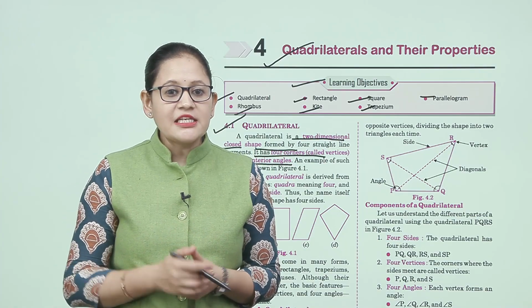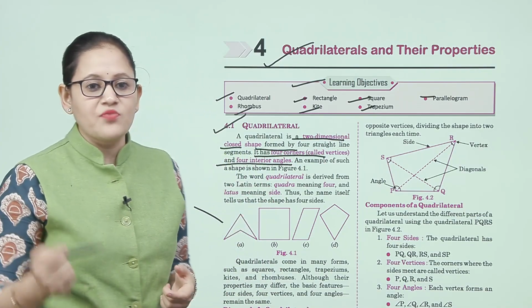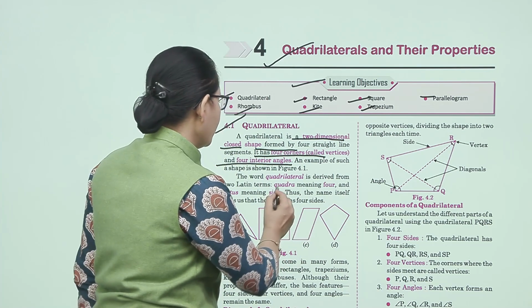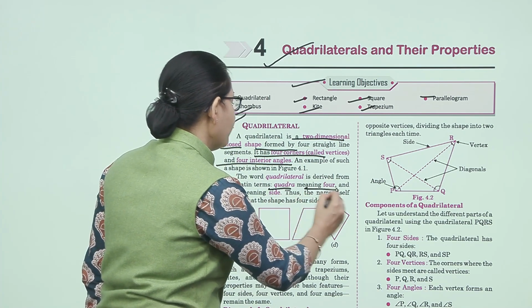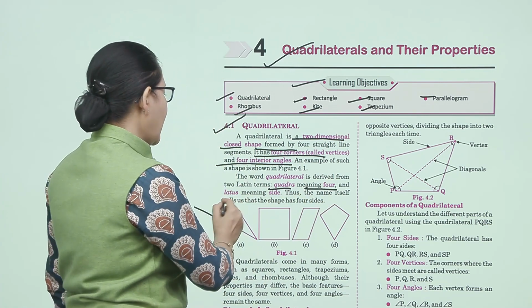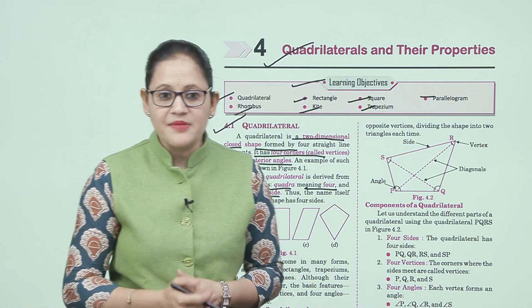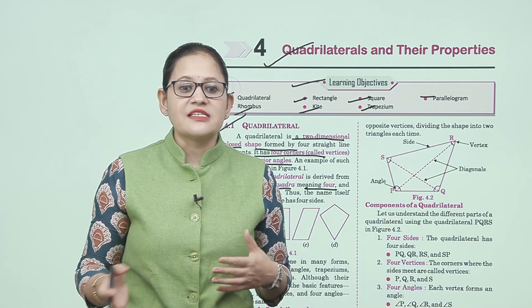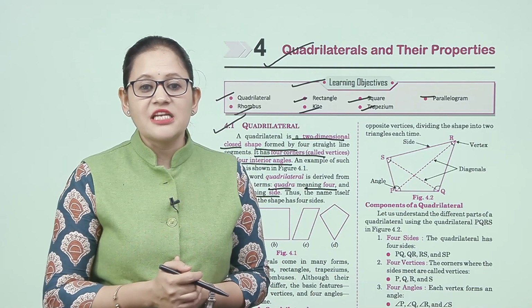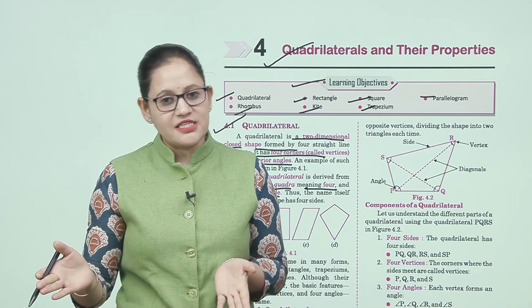The word quadrilateral is derived from two Latin words. Quad means 4 and latus means sides, meaning a figure made up of 4 line segments. Thus the name itself tells us that the shape has 4 sides.